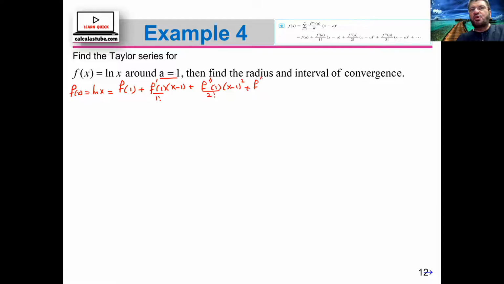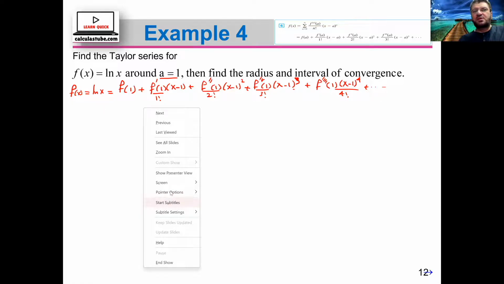As I mentioned, you always go to the fourth derivative to see how the trend goes. Plus the third derivative at 1 times x minus 1 cubed over 3 factorial plus the fourth derivative at 1 times x minus 1 to the power 4 over 4 factorial, and it goes on. So this is the Taylor series expansion of ln x at 1.